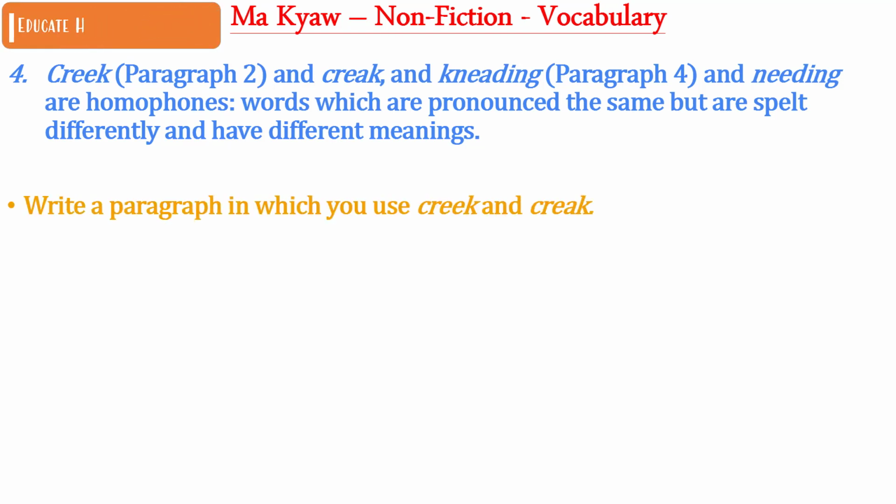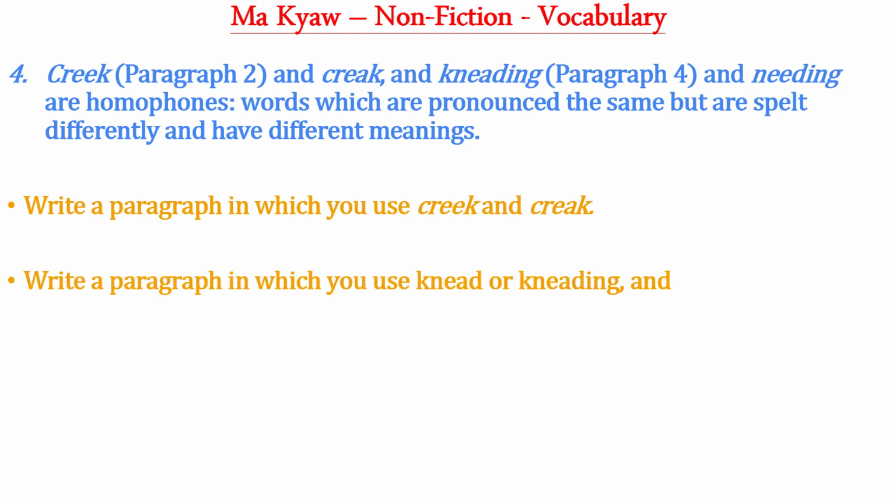So we have two parts in this question number 4. The first part is we need to write a paragraph in which we use creek with the spelling C-R-E-E-K and creak with the spelling C-R-E-A-K. In the second part, we need to write a paragraph in which we use need or needing, with the spelling N-E-E-D or needing with the spelling N-E-E-D-I-N-G.